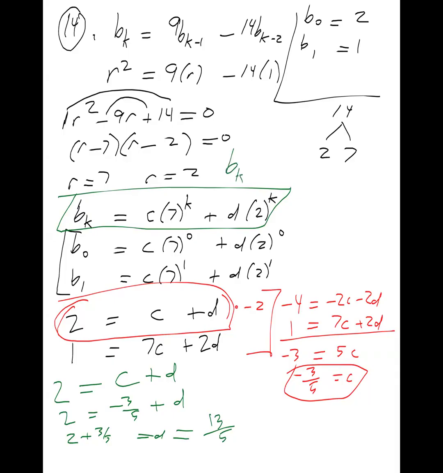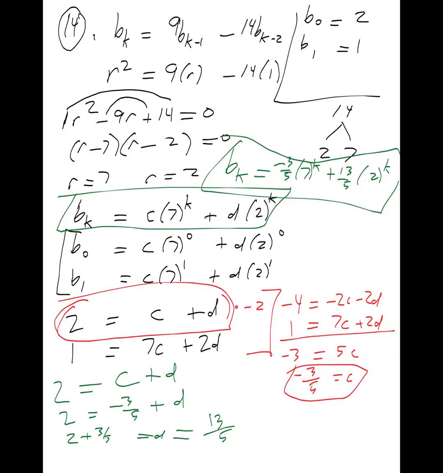BK equals C, which is -3/5, times 7 to the power of K, plus D, which is 13/5, times 2 to the power of K. So the solution to that problem is -3/5 times 7 to the power of K plus 13/5 times 2 to the power of K. Perfect.